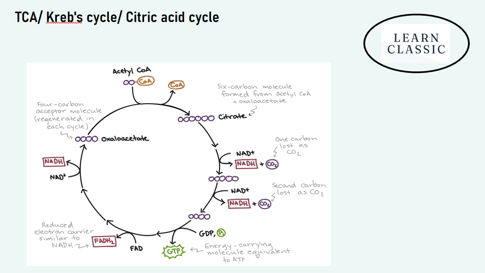All the steps of the TCA cycle occur in the mitochondrial matrix, right? The first step is the formation of citrate. Citrate is a 6 carbon molecule, okay? Acetyl coenzyme A, which is a 2 carbon molecule, plus oxaloacetate, these two combine to form citrate, which is a 6 carbon molecule.